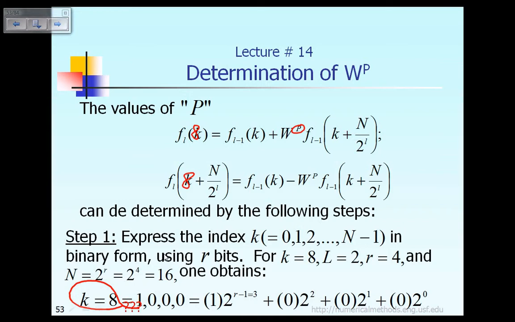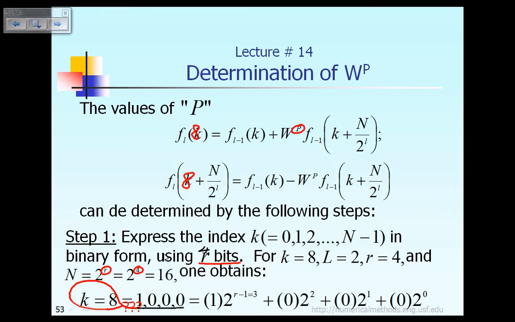express the value 8 by using r bits. In this particular case, because r is equal to 4, we can express k equal to 8 by using 4 bits. So we can say 8 is the same thing as 1, 0, 0, 0.